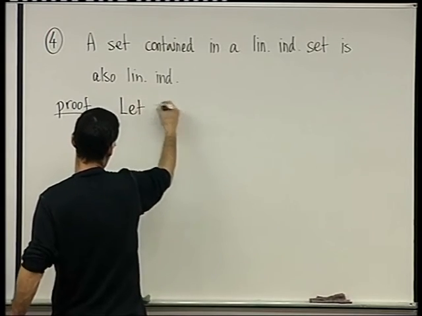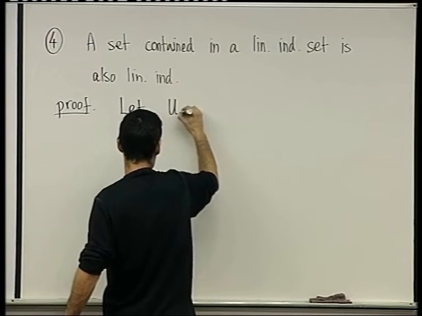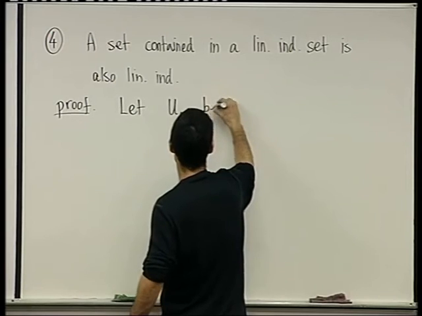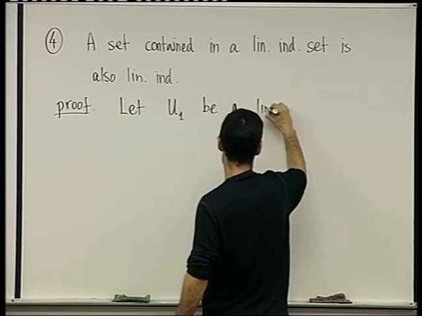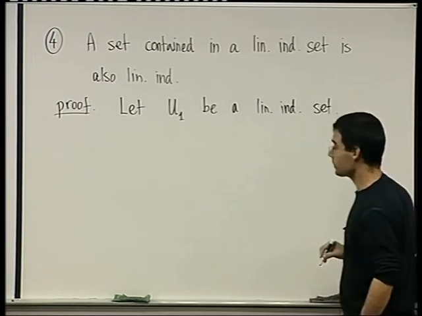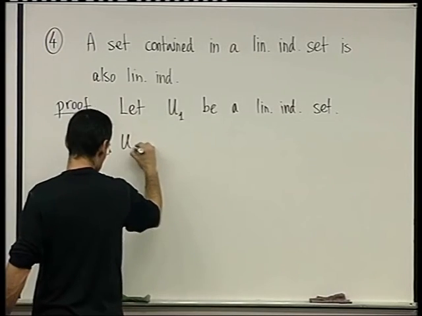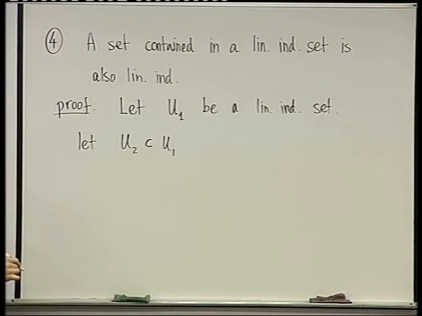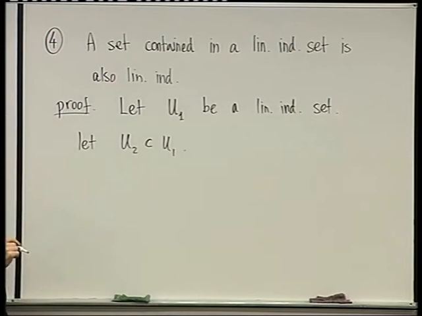Okay, let's call the set U. So let U1 be a linearly independent set. And let U2 be a subset of U1. I'm taking only some of the elements in U1.